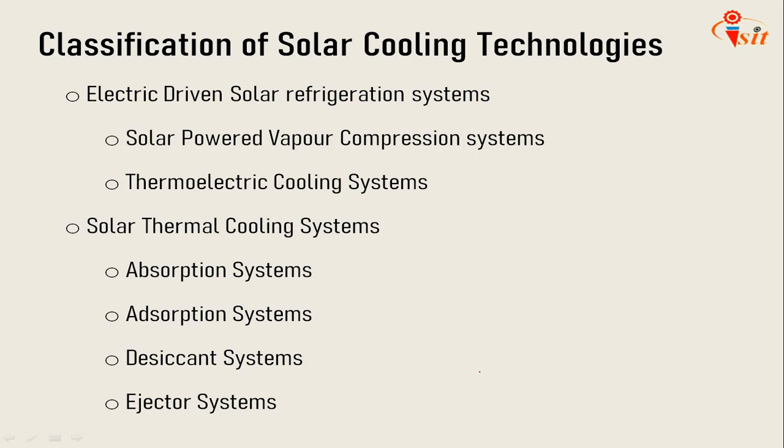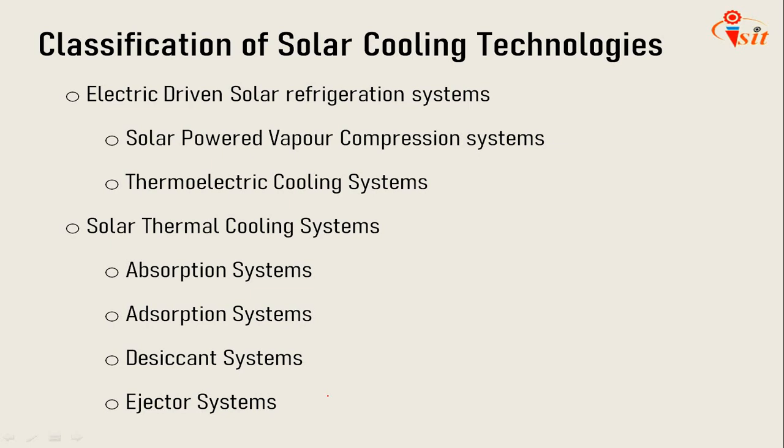Whereas in solar electric cooling systems, electrical energy that is provided by solar PV panels is used to drive a conventional electric vapor compression air conditioning system.